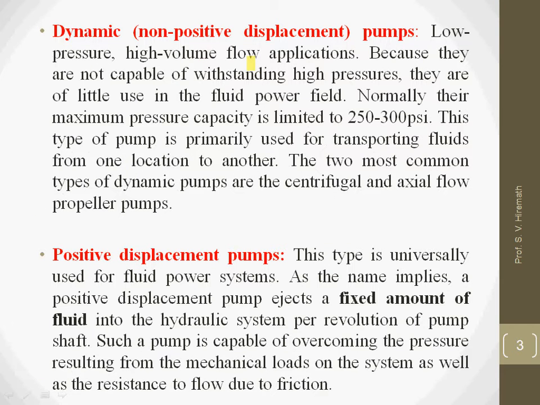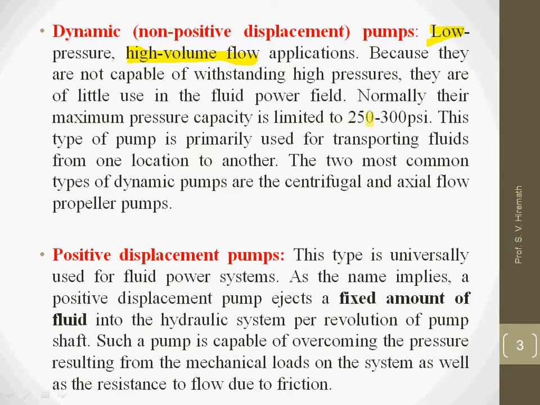In the case of dynamic pumps, we use such pumps for lower pressure and high volume flow applications. Whenever we require a high amount of flow at a lower pressure, in that case we can go for a non-positive displacement pump, and these do not have the capability to withstand higher pressure.